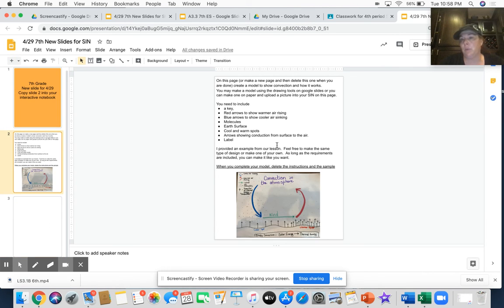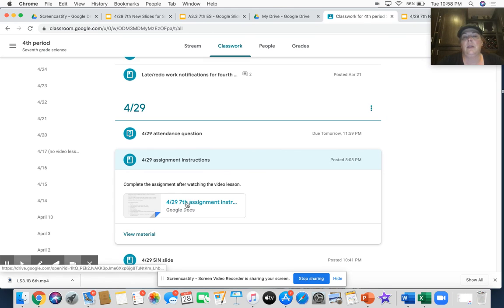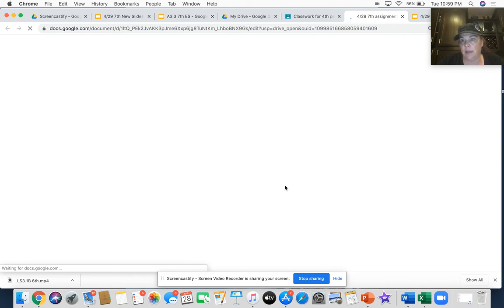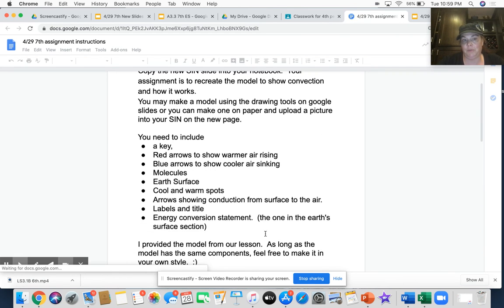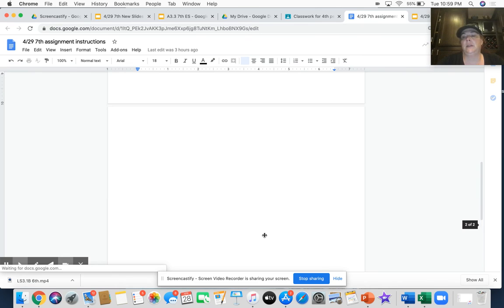Then you can delete that when you're all the way done, so you don't lose the directions until you're all the way done. It's up to you how you want to do it. Okay. So after you put that in, your instructions gives you pretty much the same thing as on the slide. Gives you all the directions that you need to do so. And I also put in a little bit bigger picture of the model.